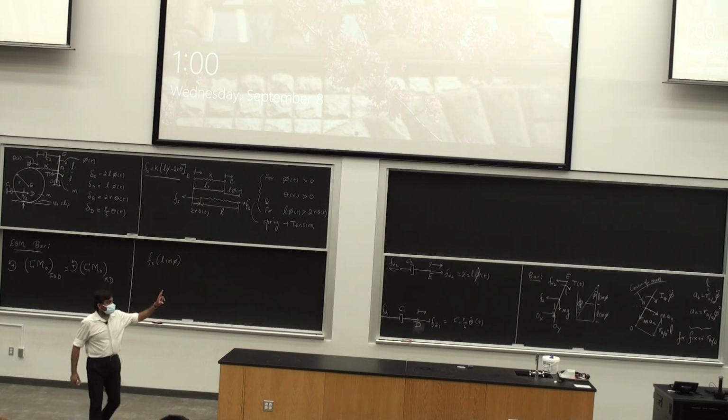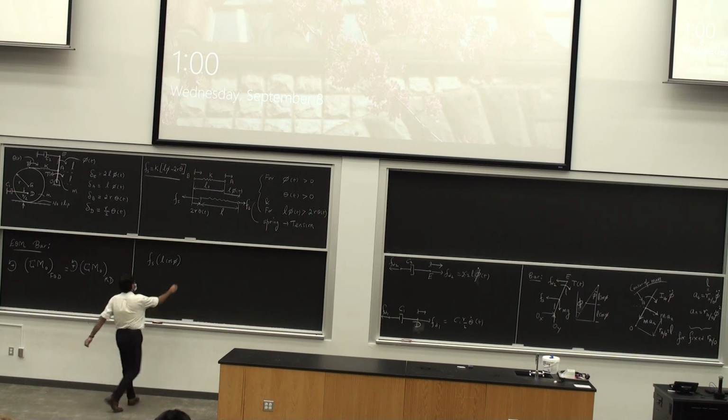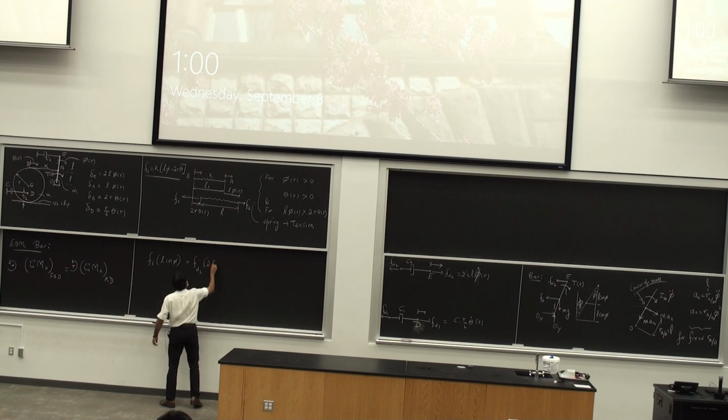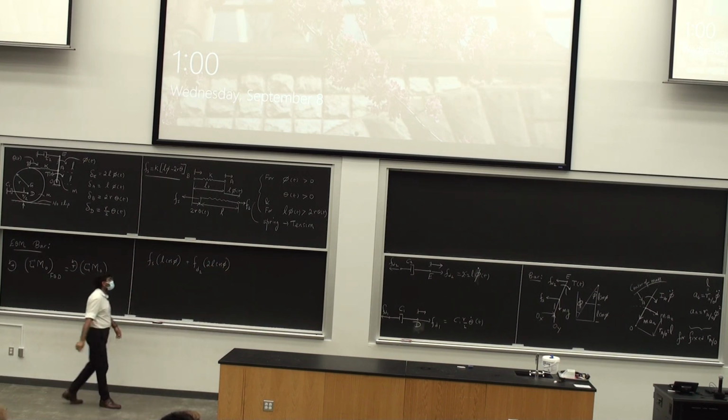Fd2 times the distance of 2L times cosine phi, counterclockwise. What else do I have?